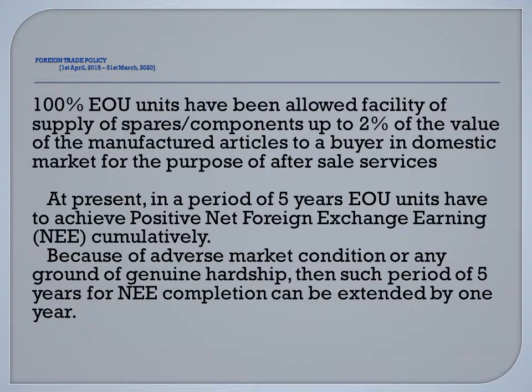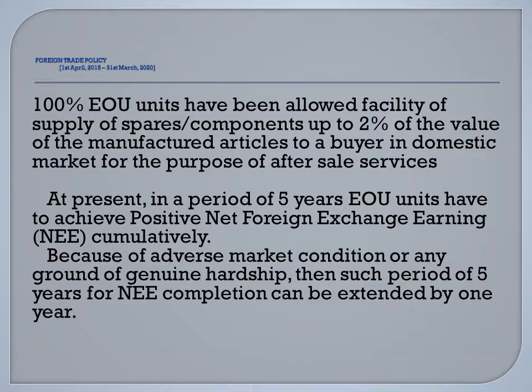100% EOU units have been allowed facility of supply of spares components up to 2% of the value of manufactured articles to a buyer in domestic market for the purpose of after-sale services.